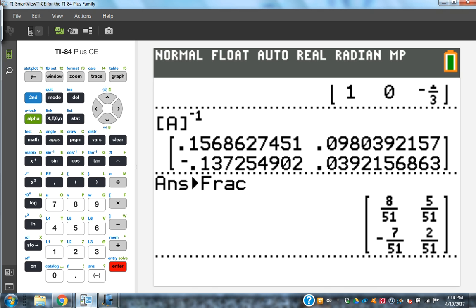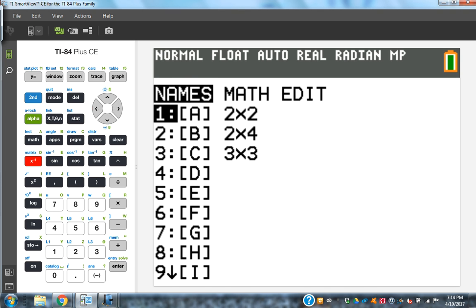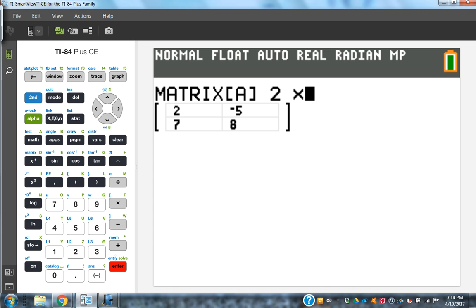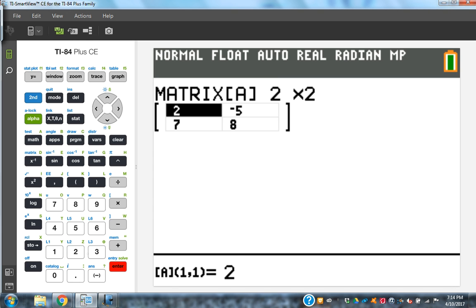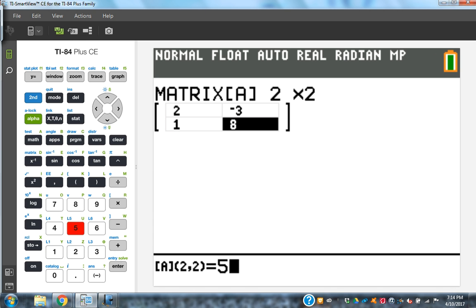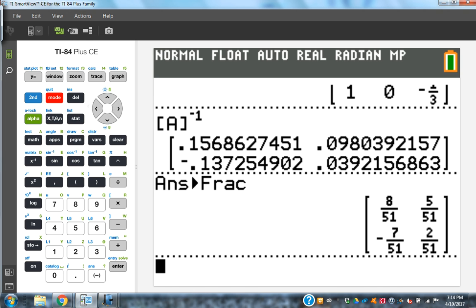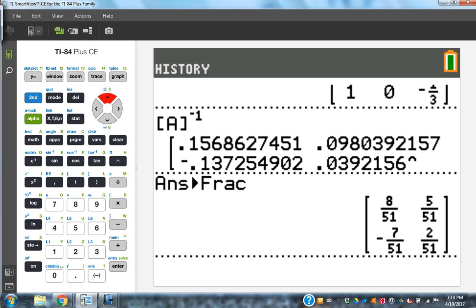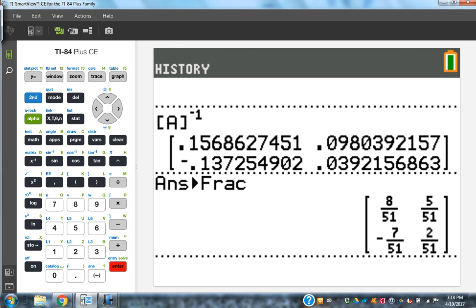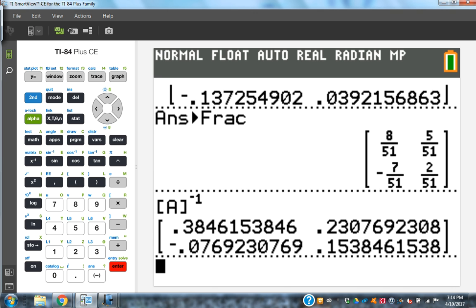So in my calculator, I'm going to go into matrix, edit, 2 by 2. I'm going to enter in this matrix: 2, negative 3, 1, 5. And I'm going to get the inverse of that. I'm going to cheat a little bit here and go up here and grab that command and hit enter. And I'm going to hit math, enter, enter.